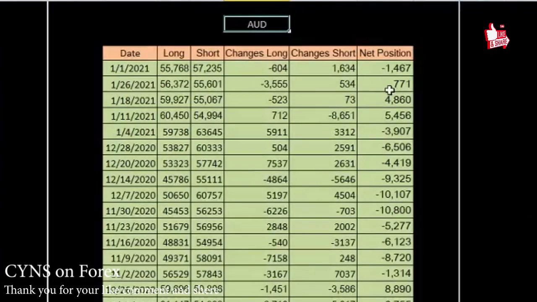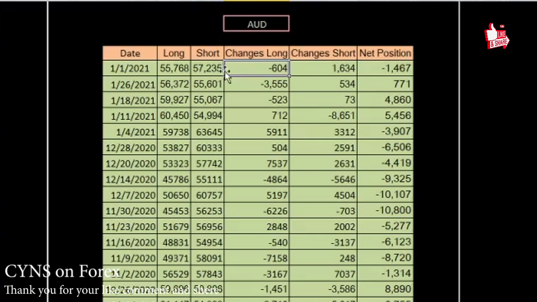Now if we look at the Commitment of Traders perspective, which is what hedge funds are currently doing, in the last report the net position decreased from 771 to minus 1.4k, with 1.6k added and getting close to 604.